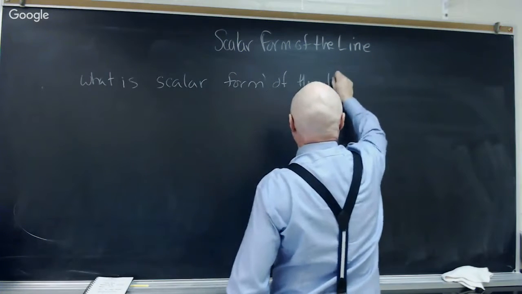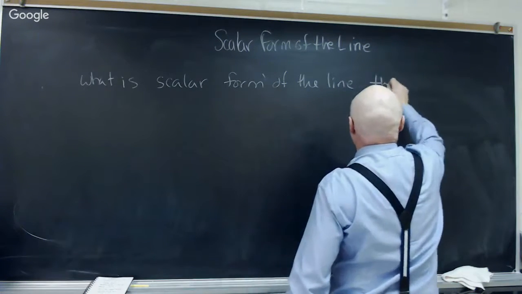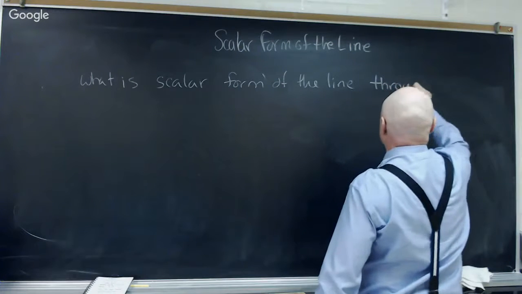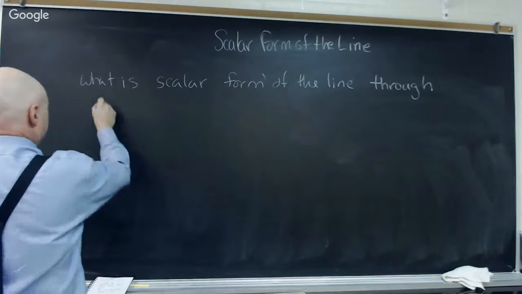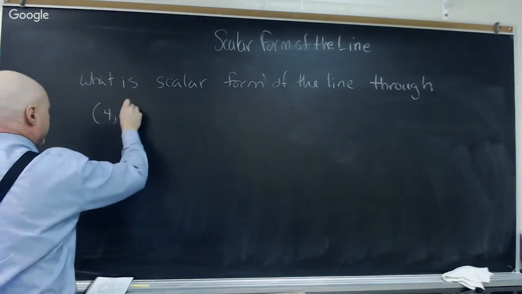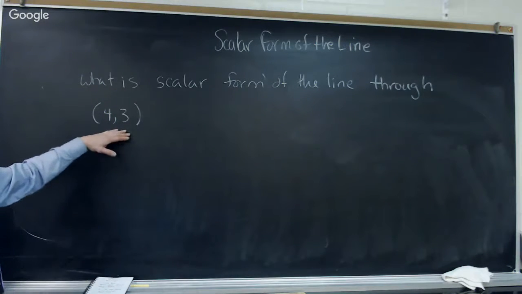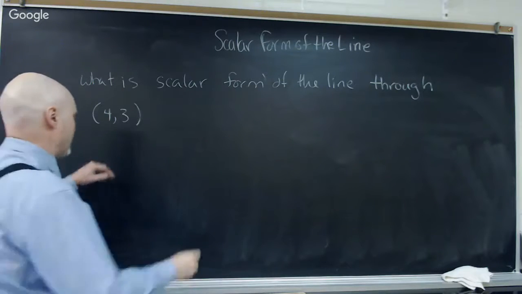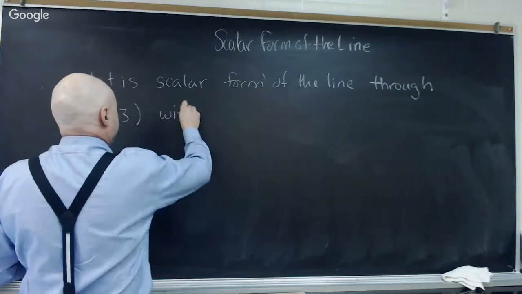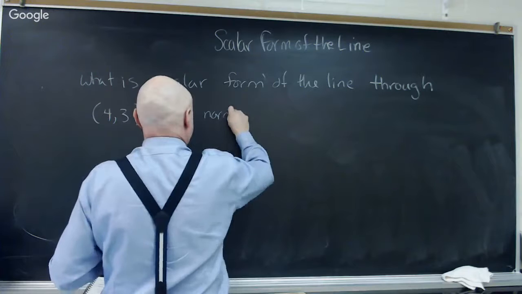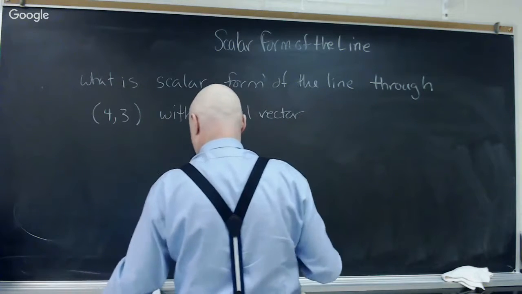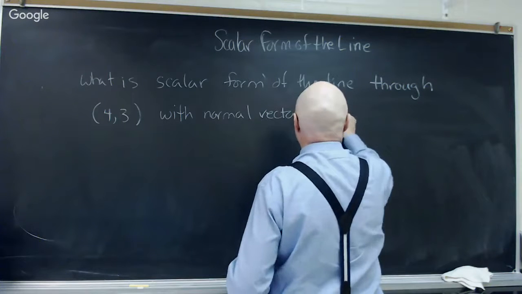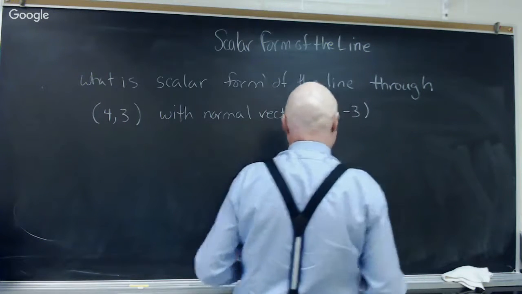So what's the scalar form of the line through 4 and 3? There's a place on the line, a point on the line, and it has the normal vector 2, -3.